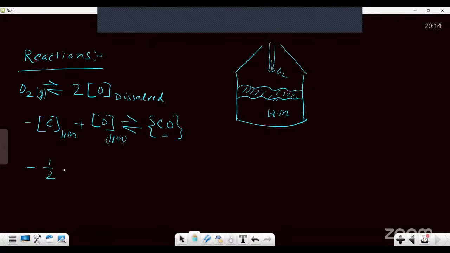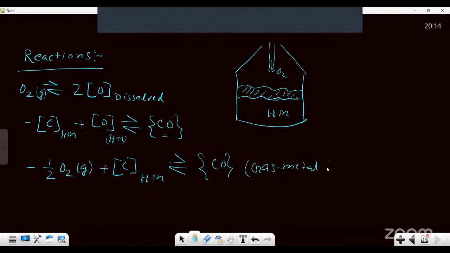Like I can say that half O2, which is in the gaseous form, is combining with carbon, which is in the hot metal, and it is basically giving us CO. And this we can call as gas metal reaction. Okay.